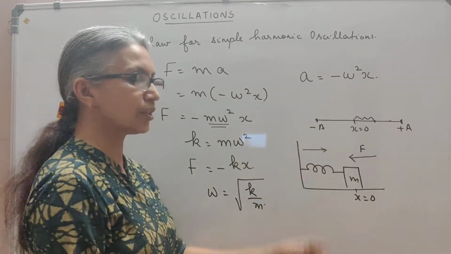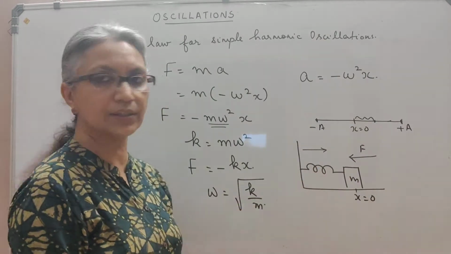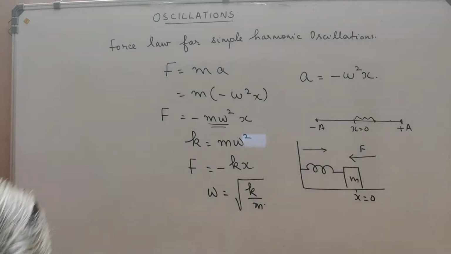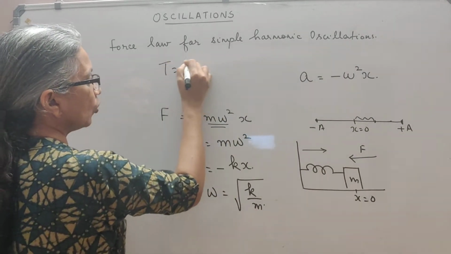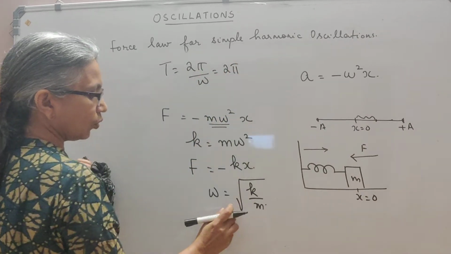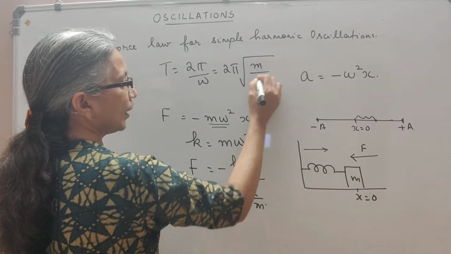Now for such a simple harmonic oscillator, which is a linear oscillator, the block and the spring system, you will see that the time period, which we know is 2 pi by omega, is equal to 2 pi root of m by k.